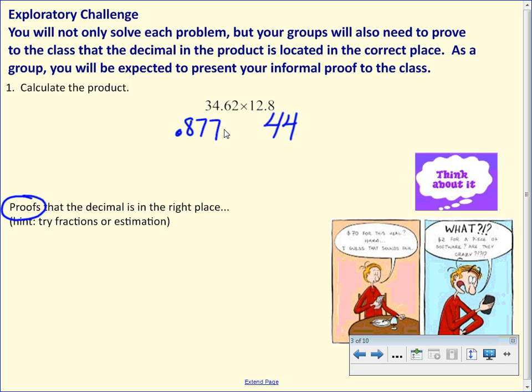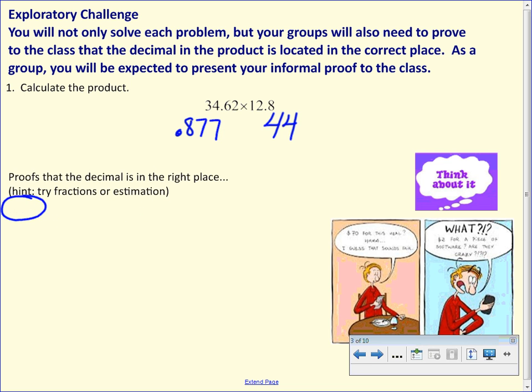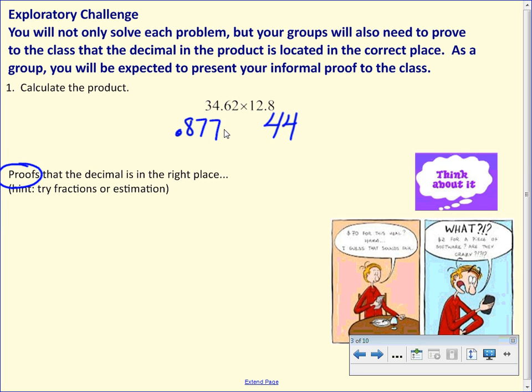So let's take a time out from the actual product and take a minute to prove that the decimal is in the right place. On Monday and yesterday, we talked about using estimation. So I asked you to solve this all the way on the left of your notes. Next to where you actually solve this, I want you to write estimate. Estimating is one way you could tell if your answer is reasonable.